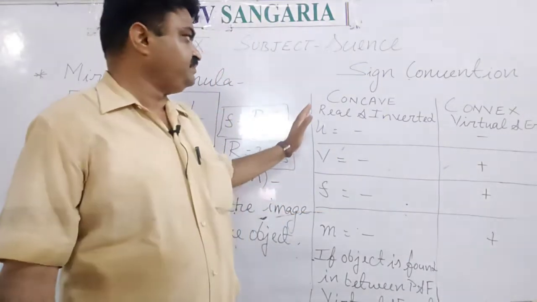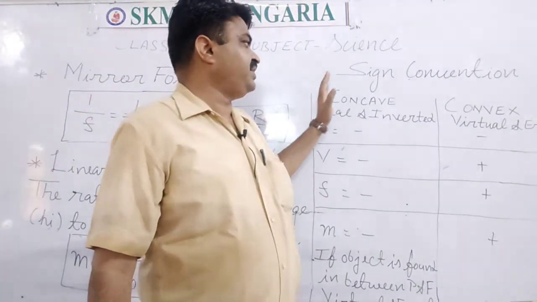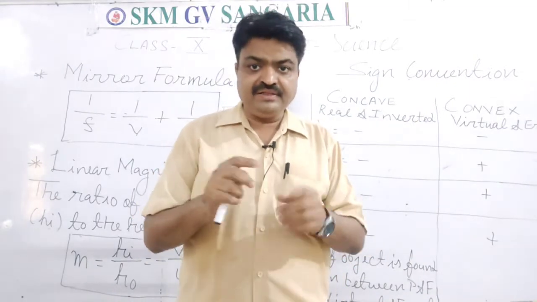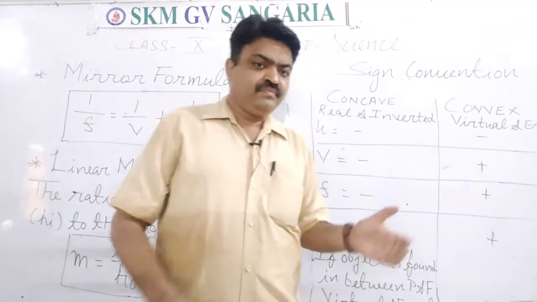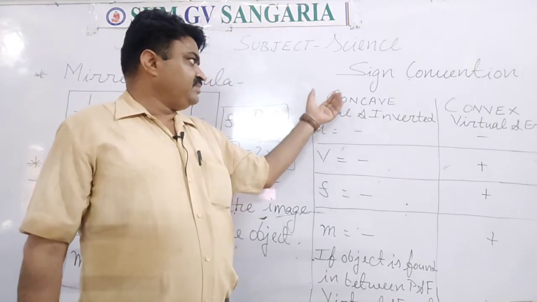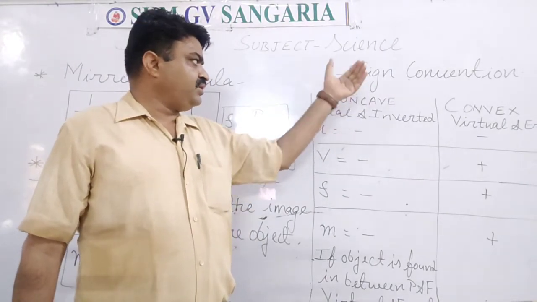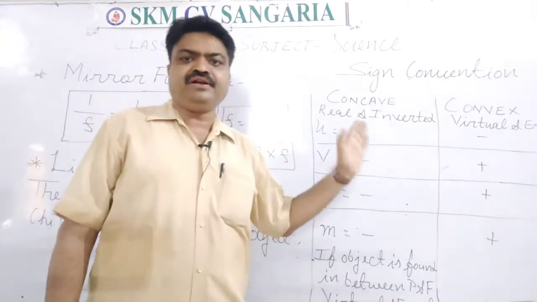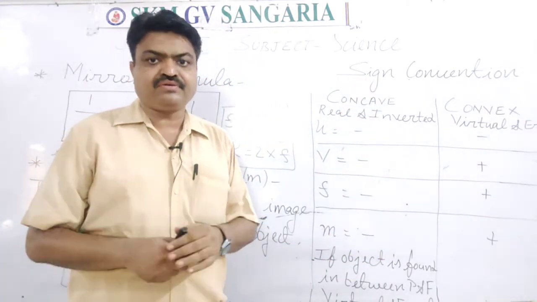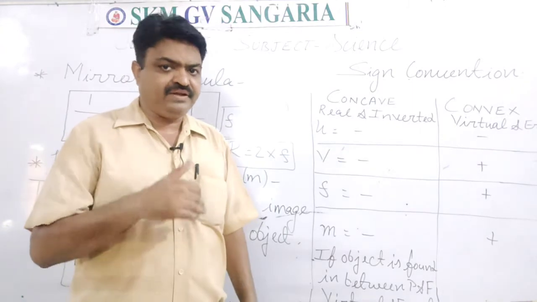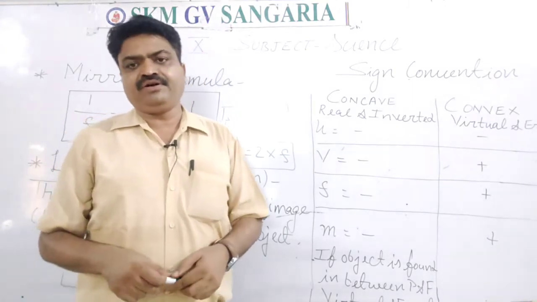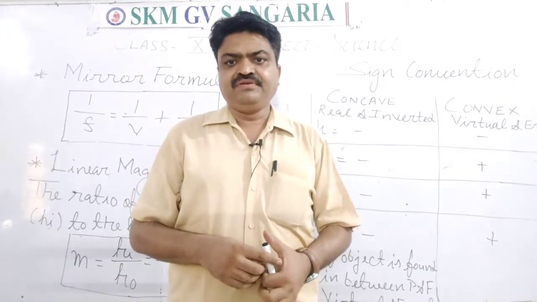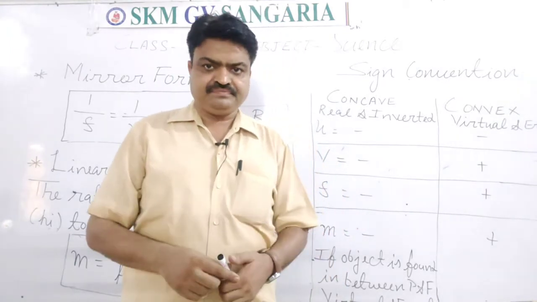Now in this, different types of sign conventions are used according to the mirror, student. Like the concave mirror in general has the negative sign, because the concave mirror in general makes a real and inverted image, and for a real and inverted image we use the negative sign.